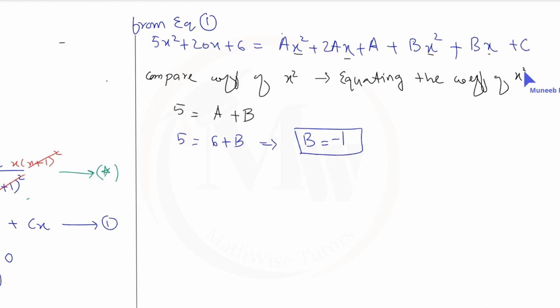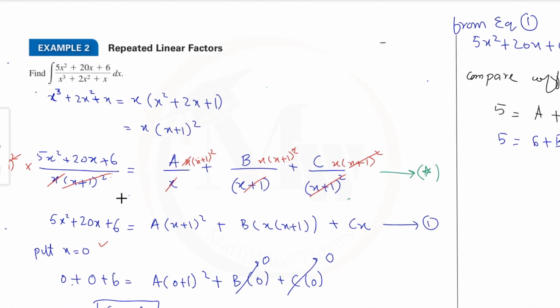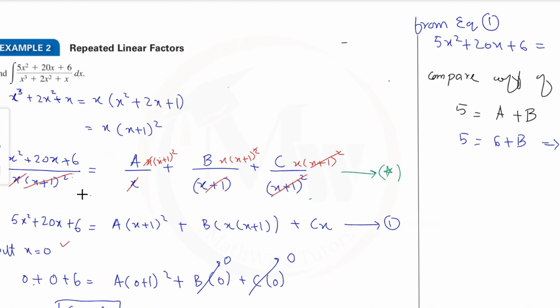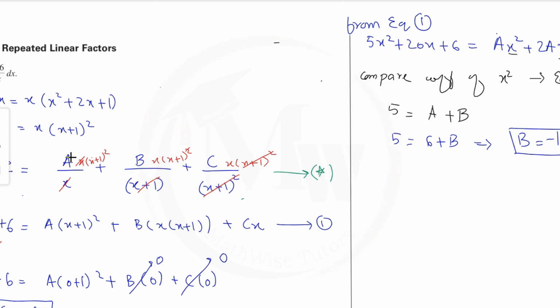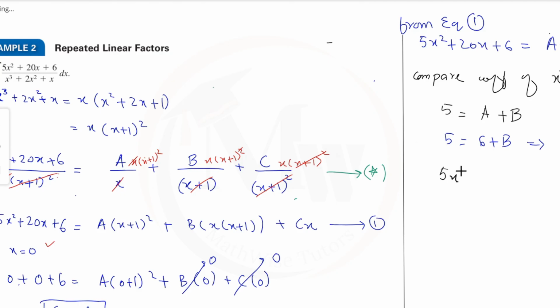All values have been found: a, b and c. Now plug all these values into the star equation. The star equation: on the left side is the integrand, and the right side is actually a over x. So a is 6, plus 6 over x. The left side is 5x square plus 20x plus 6 divided by x cube plus 2x square plus x dx.